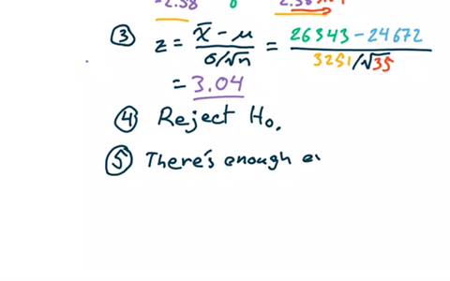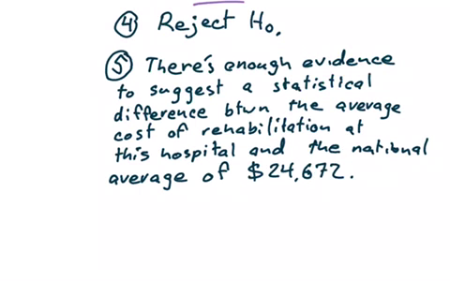There's enough evidence to suggest a statistical difference or significant difference or just a difference between the average cost of rehabilitation at this hospital and the national average of $24,672. So that concludes this example, and we'll move on in the next lecture to the p-value method for hypothesis testing.